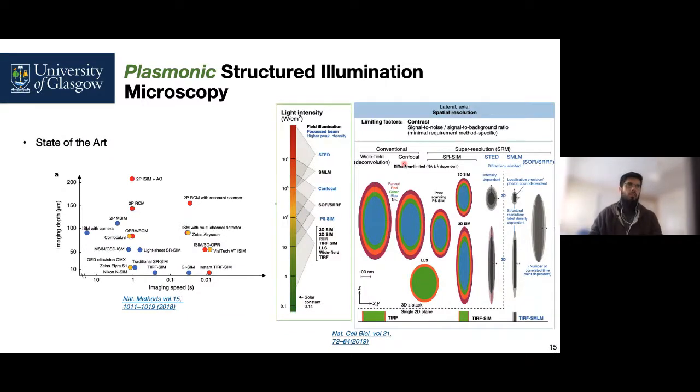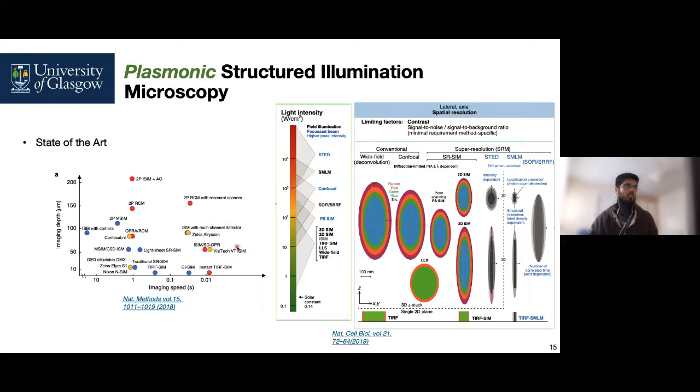Now, this chart provides us a comparison of the capabilities of structured illumination microscopy, where we stand at the moment in terms of the resolution capabilities, in terms of what sort of light intensities we use, as well as the imaging speeds.